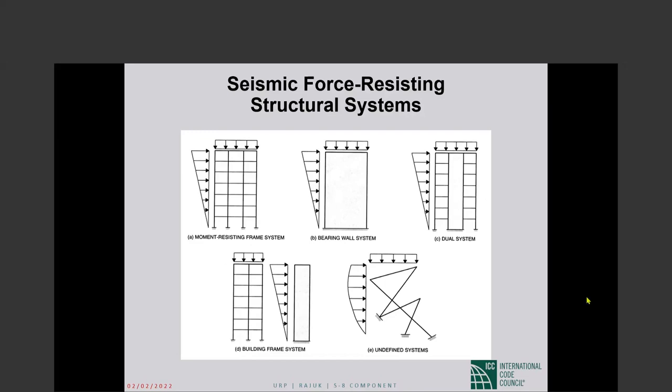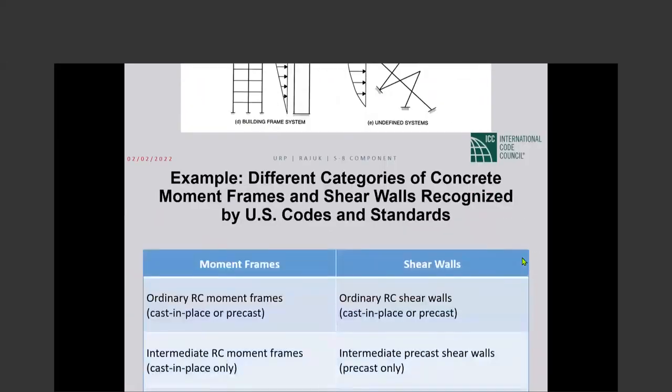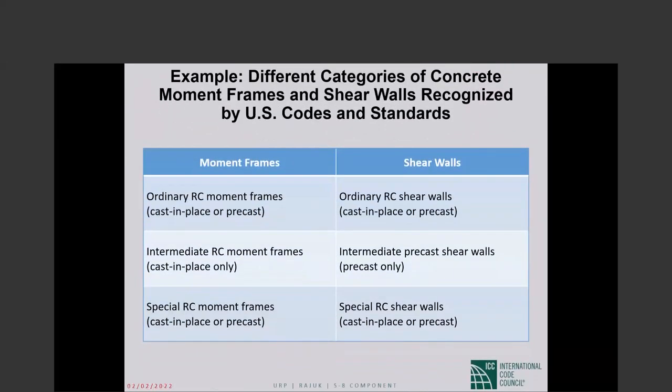Okay, so as far as concrete systems in ACI 318 and BNBC, this is what we have. Moment frames. We have ordinary moment frames that can be cast in place or precast.